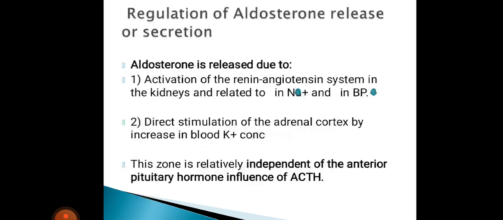And second one is direct stimulation of the adrenal cortex by an increase in blood sodium ion concentration. This zone is relatively independent of the influence of the anterior pituitary hormone, adrenocorticotrophic hormone, also known as ACTH.